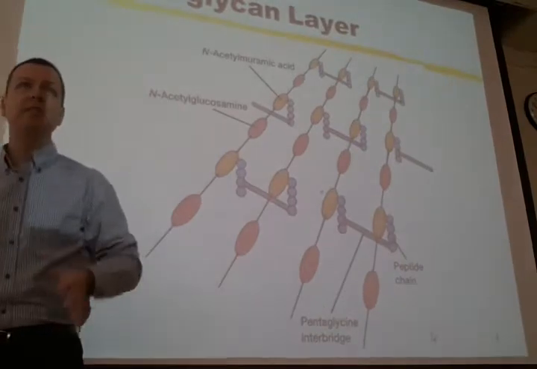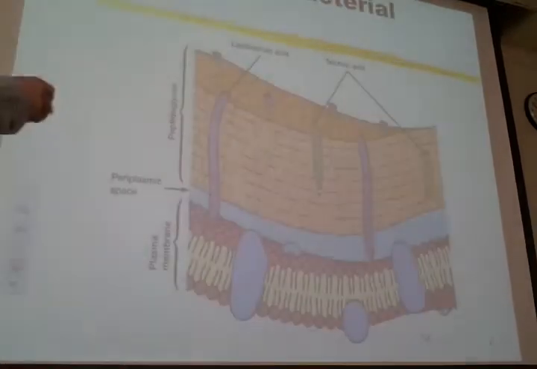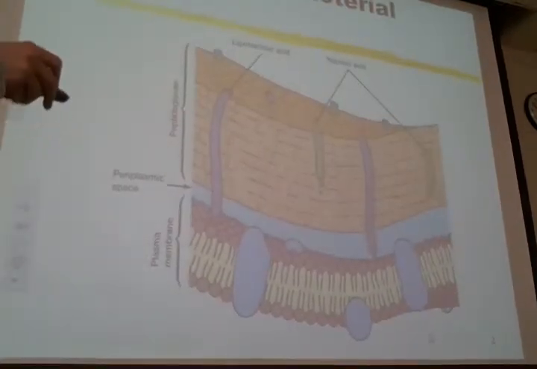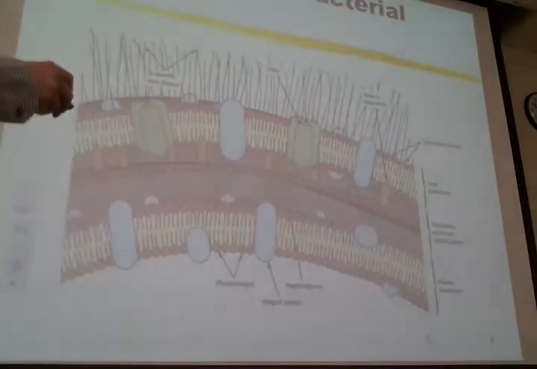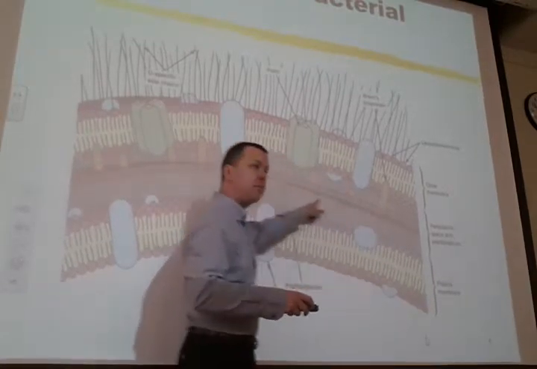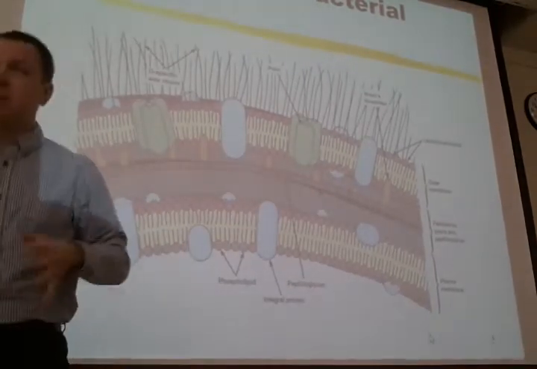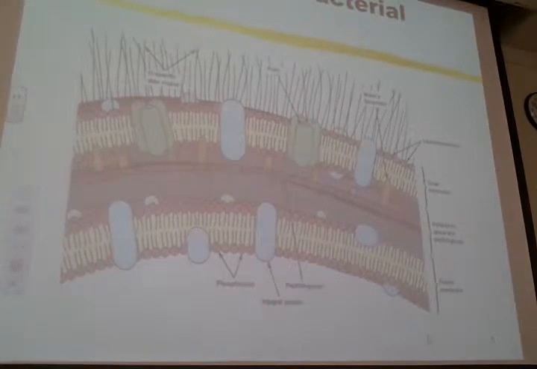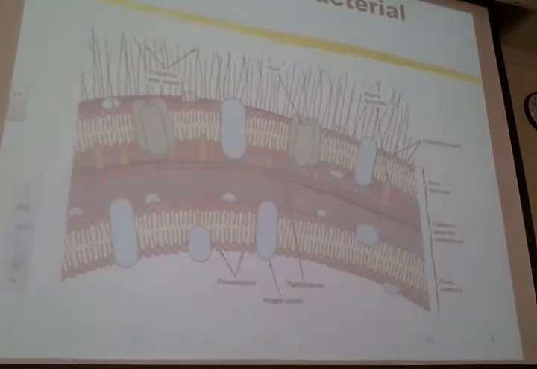It's exactly the same. It's just significantly thinner. So here's the thick gram-positive version. In a gram-negative cell, that layer is much, much thinner. Okay, but otherwise, the basic setup is exactly the same, with the sugars and the protein part.